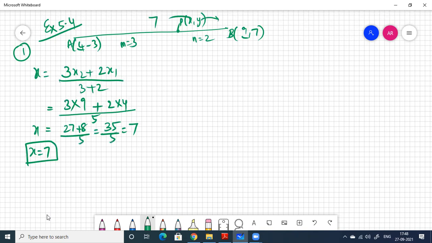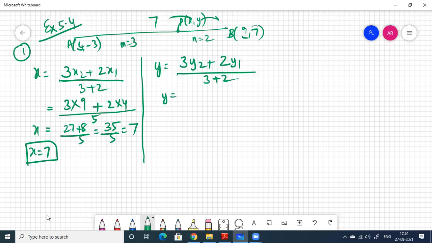Let us see what is y. Y is equal to, same way, m is 3 here, m into y2 plus n is 2 here, n into y1 divided by m plus n. Y is equal to, what is y2? Y2 is 7. 3 into 7 plus 2 into y1, y1 is minus 3, divided by 3 plus 2 is 5.